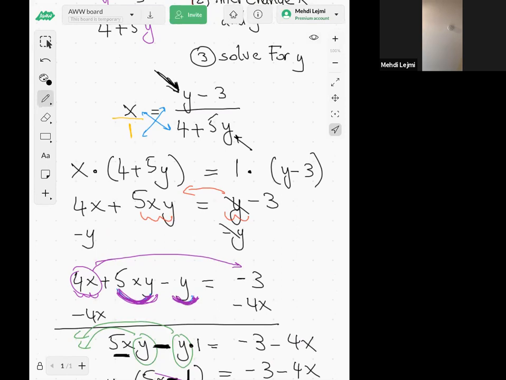But if you don't have a fraction on this right side, then you don't need to cross multiply. So if you have an equation and one of the sides is a fraction, then you can always cross multiply, and then you can solve your equation.